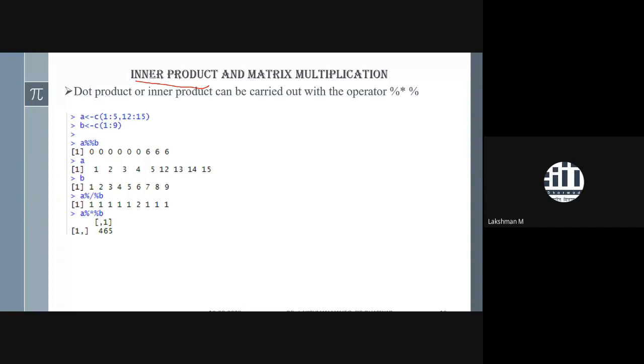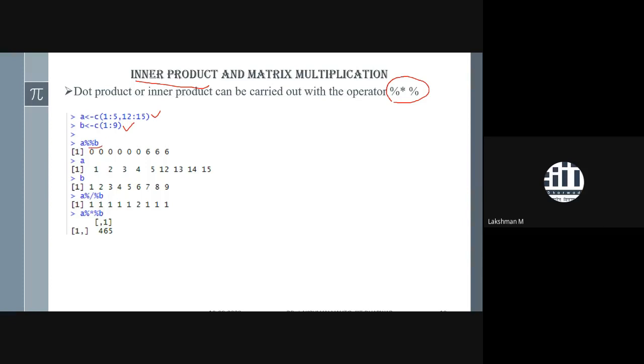So what is the operation of inner product? The operation of inner product is you have to put an asterisk between these two remainder signs. Consider that it also gives the inner product of two vectors as well. So consider one vector taking entries this way, another vector this way. So I had already given the meaning of this remainder sign.